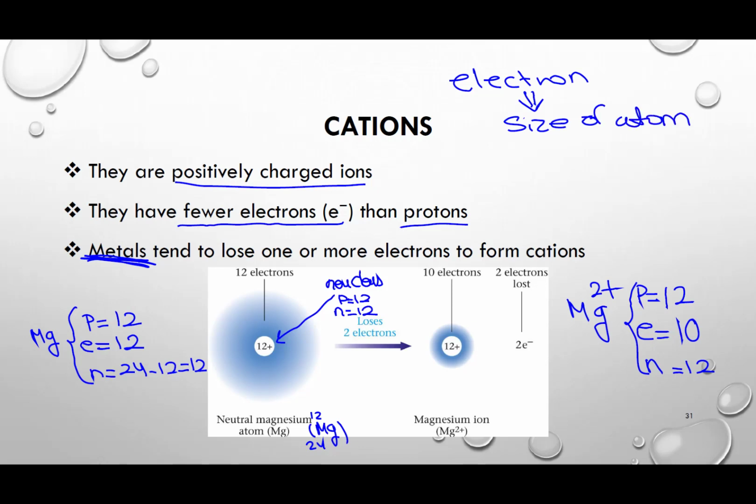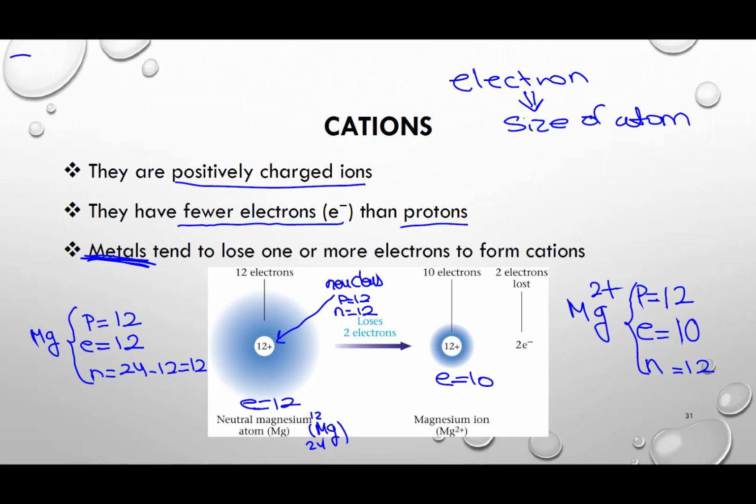Then look here. This one is a magnesium atom that has 12 electrons. That's the magnesium ion that has 10 electrons. Okay. Then the fewer electrons that you have, the smaller the size is. That's why the size of the magnesium atom is larger than the size of the magnesium ion.